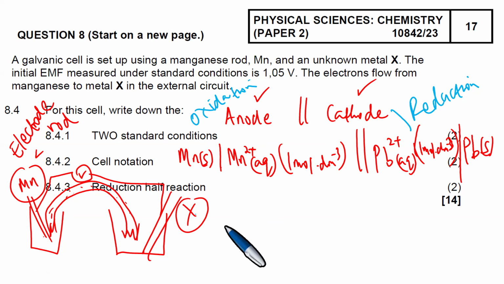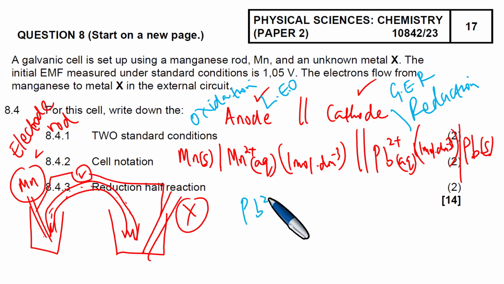Reduction is the gain of electrons. The loss of electrons is oxidation. So there's LEO, which stands for the loss of electrons is oxidation, and the gain of electrons is reduction.